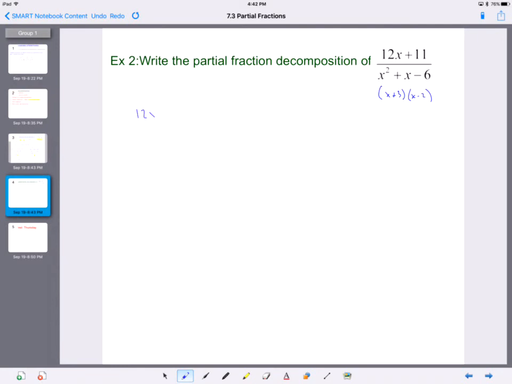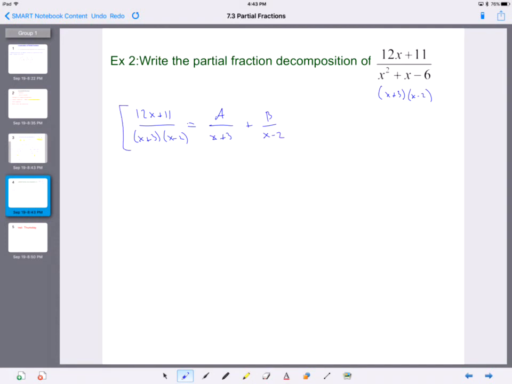So we'll take 12x plus 11 over x plus 3, x minus 2, and that's equal to a over x plus 3 plus b over x minus 2.